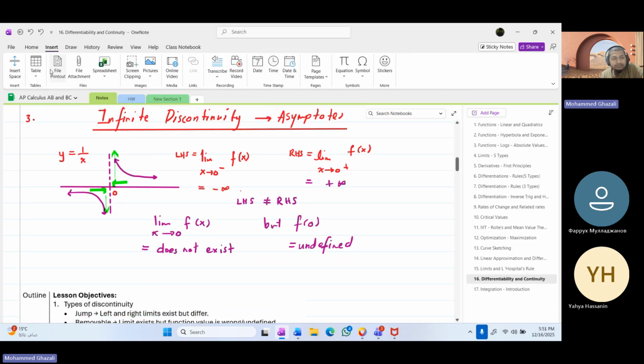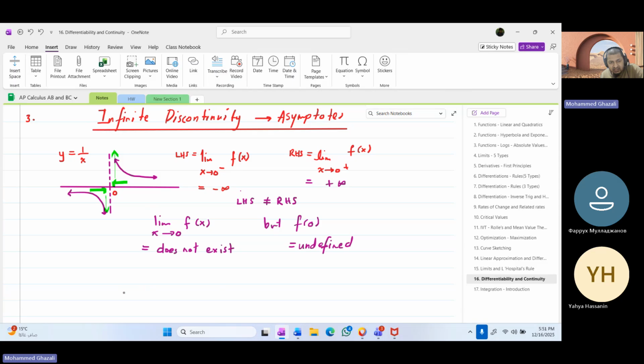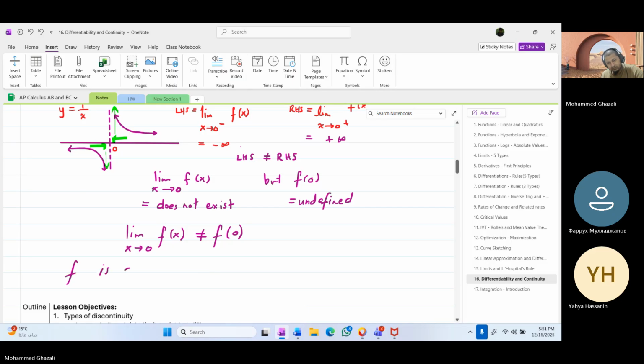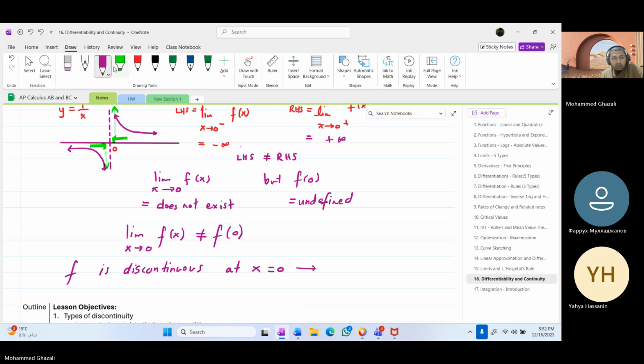So why is this discontinuous? We're going to say the limit as x approaches 0 of f of x is clearly not equal to f of 0. So we say f is discontinuous at x is equal to 0. Why? Because of infinite discontinuity.